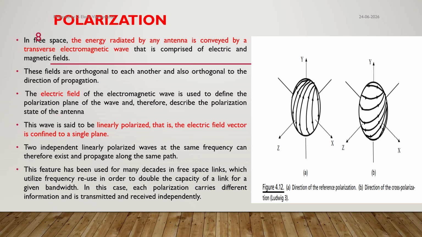This feature can be used in many free space links, which utilize frequency reuse in order to double the capacity of a link for a given bandwidth. In this case, each polarization carries different information and is transmitted and received independently.